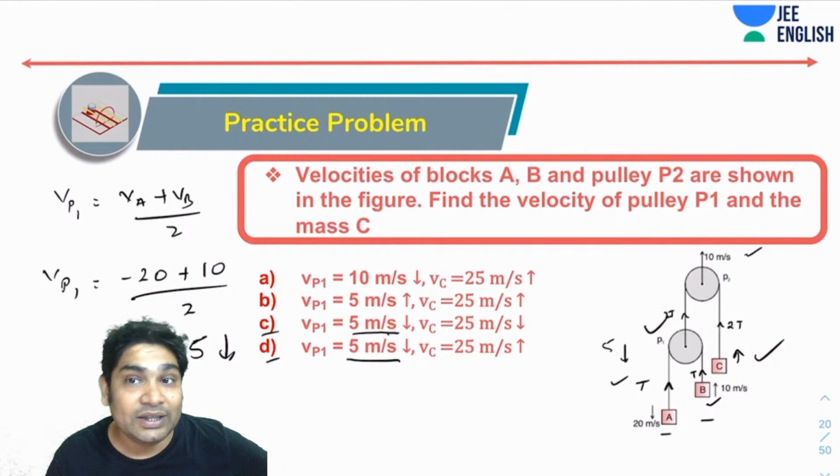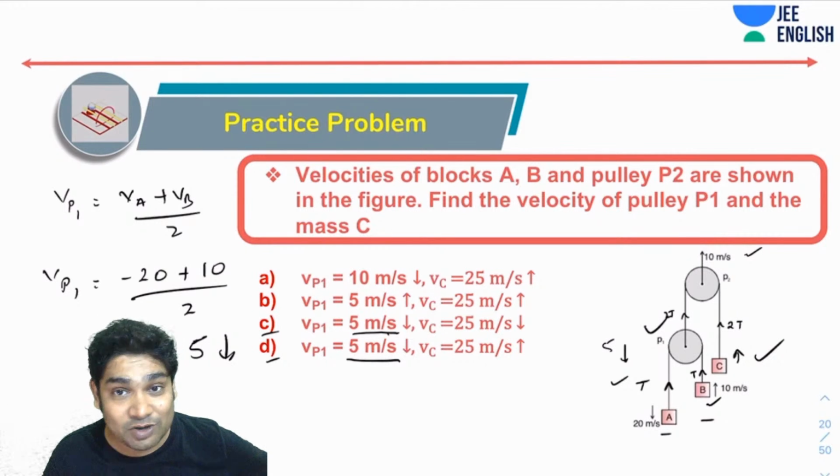So the tension might be doing work on the pulleys. If the pulleys were massless, then you should not have gotten these accelerations and velocities. So until we know that the pulleys are ideal, you cannot apply that, because tension will work on the pulleys also. So we will avoid using the virtual work method here.